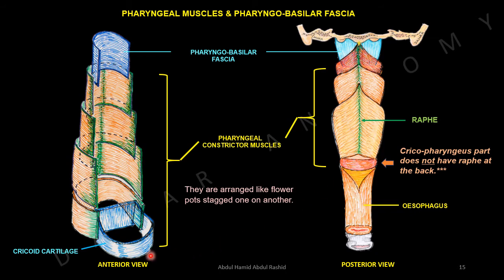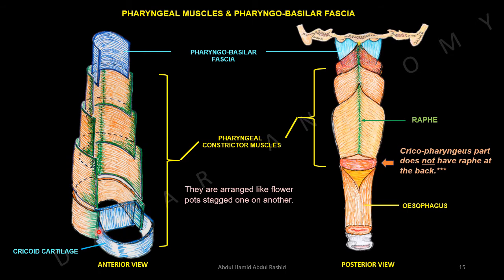Why? If you look back at this one, this is the cricopharyngeal muscle. The fibers are coming from the lateral side of the right arch of the cricoid cartilage. These muscle fibers will go around without interruption and attach to the lateral surface on the left side of the cricoid cartilage.